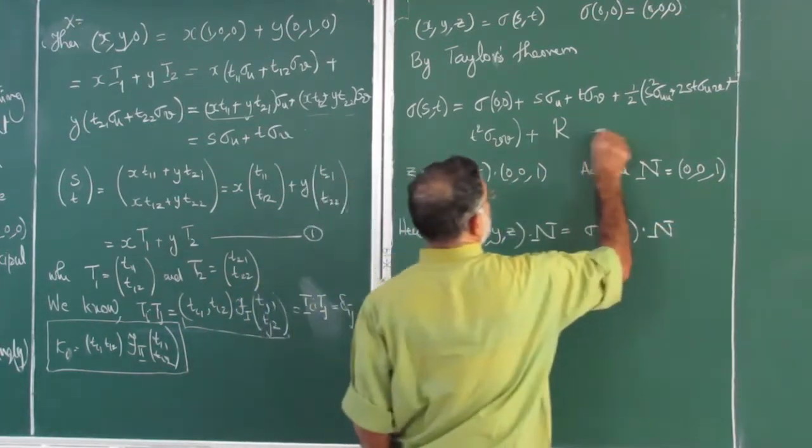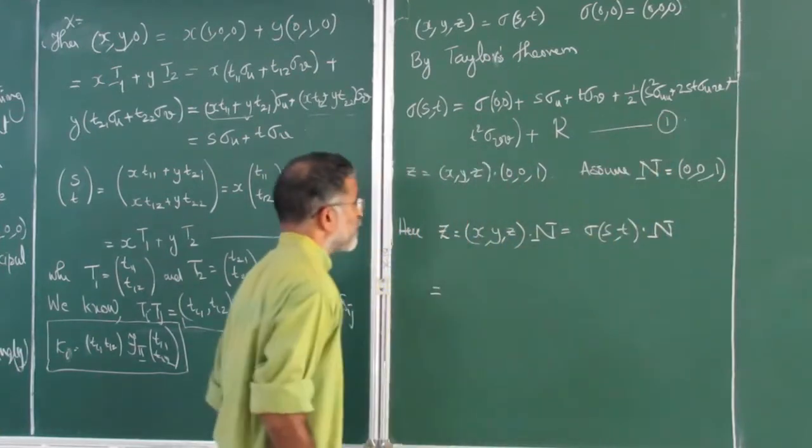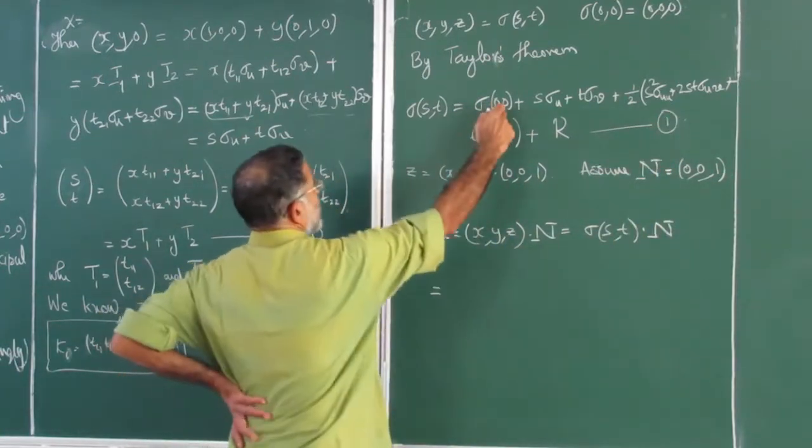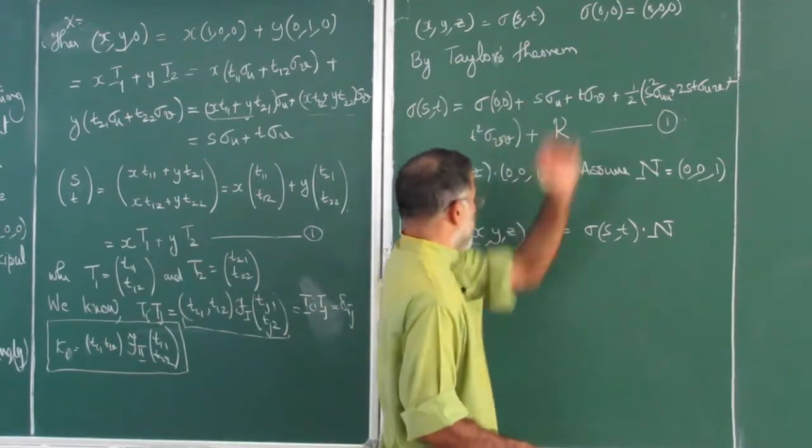Now let us assume this. From 1, let us take this. Okay, what is sigma 0, 0, 0? That is 0, 0, 0.